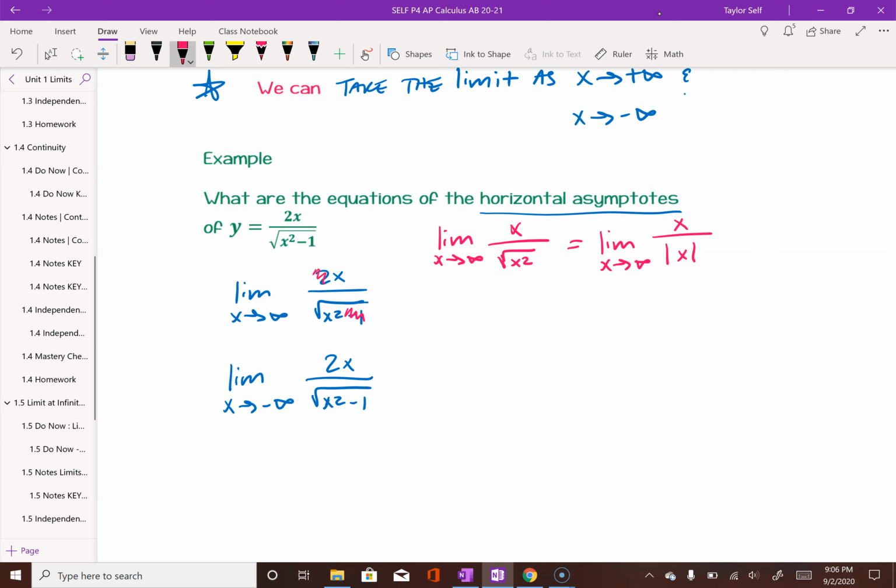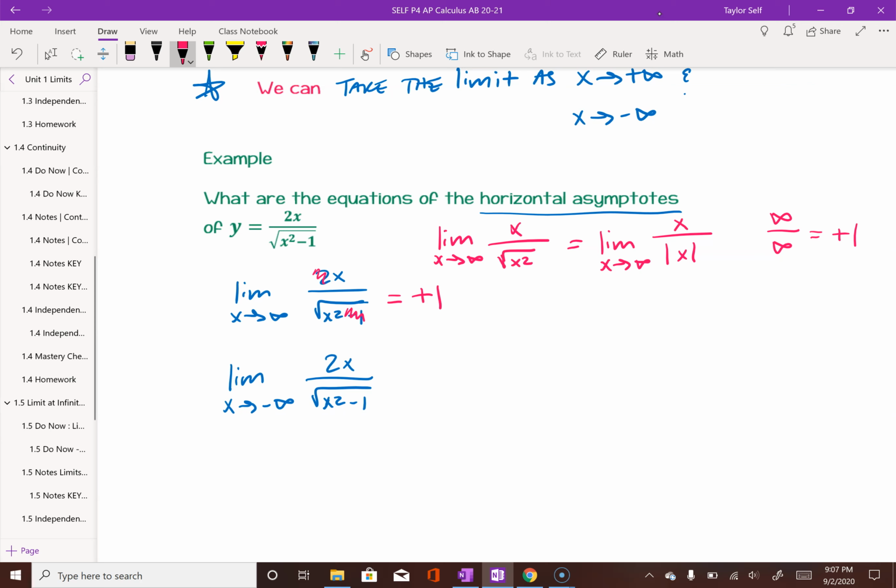That's just x. But because we had a square root, we need absolute value here. Okay, cool. Now we can imagine plugging in infinity. Infinity over infinity. What do you get? Same over same? +1. So this limit equals +1.